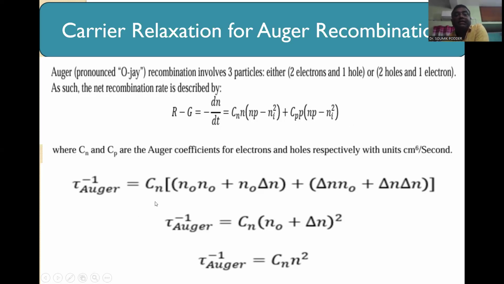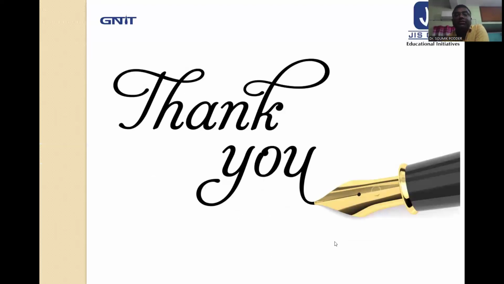And this is basically the lifetime: 1 by tau Auger equals Cn (n naught plus delta n)(n naught plus delta n) plus Cp, and after that we can get Cn (n naught plus delta n) whole square, which can be written as Cn n square.